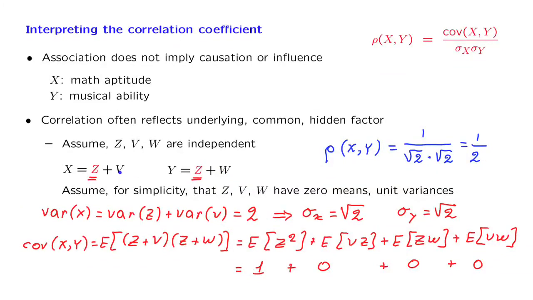If, on the other hand, v and w had a huge variance, so as to completely hide the effect of z, then the value of the correlation coefficient would have been much smaller, perhaps closer to 0. And in the extreme case, of course, where z is completely absent, then x and y are independent and we get a correlation coefficient of 0.